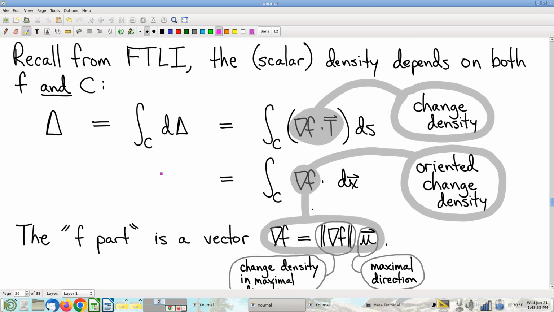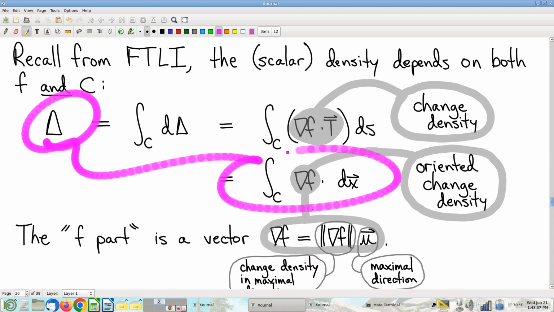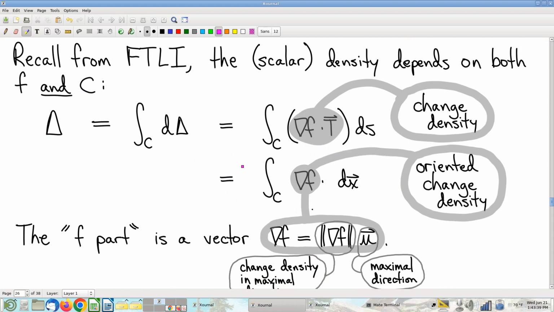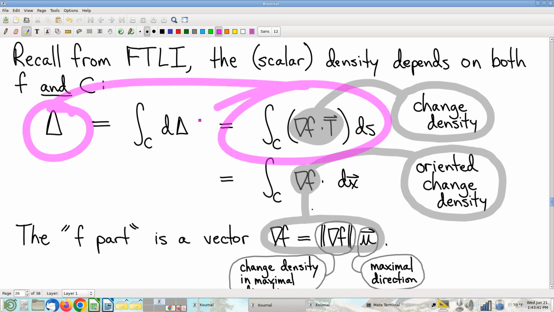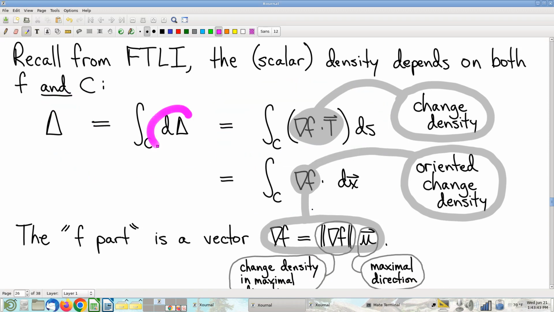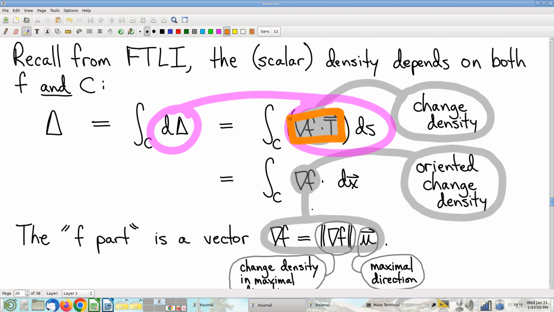So the fundamental theorem of line integrals, very often we write it as this, right? But you can also think of it as this. And from that point of view, with change computed by this formula, the density, you can look back to our notes in 6.3, I think it was, wherever we talked about the fundamental theorem of line integrals.